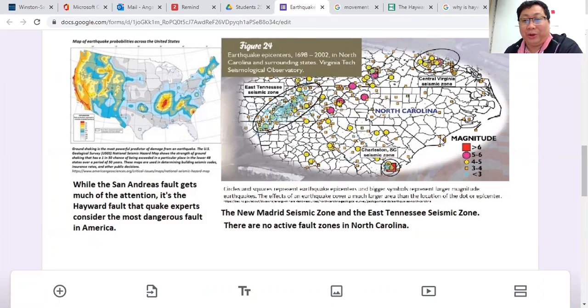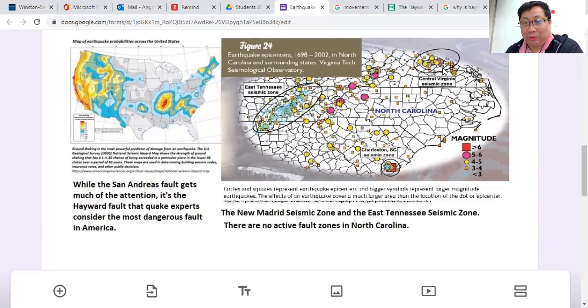But when it comes to North Carolina, we don't have that many earthquakes because we don't have active tectonic plates in North Carolina as of now. However, on the western side, we have the East Tennessee seismic zone, which includes the New Madrid seismic zone and the East Tennessee seismic zone in this area. So there are a lot of earthquakes in this area.